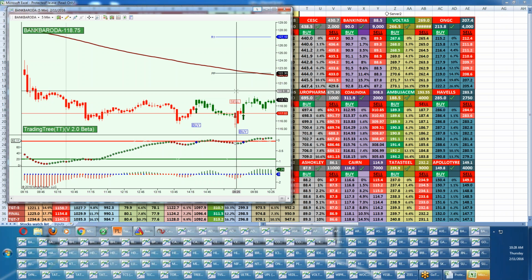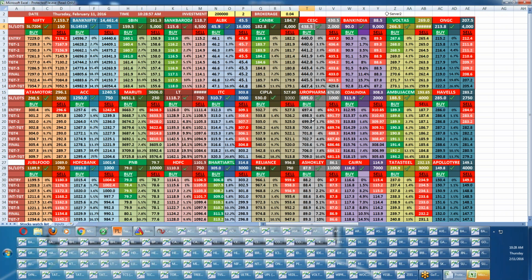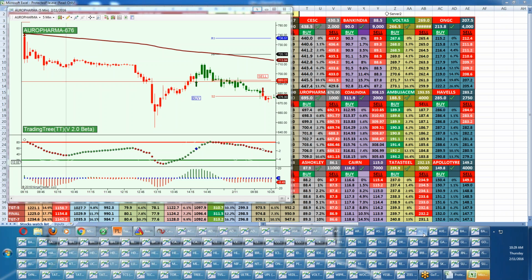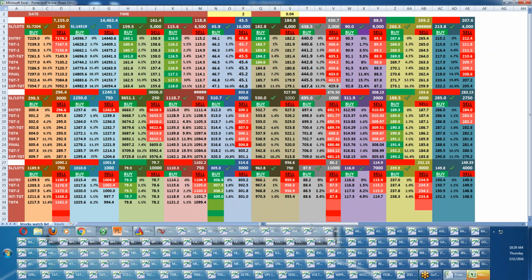We can expect this level 119 or 120. So Jubilant Food, it's at 1090. Another 10 rupees, it will be 100 rupees profit on Jubilant Food.